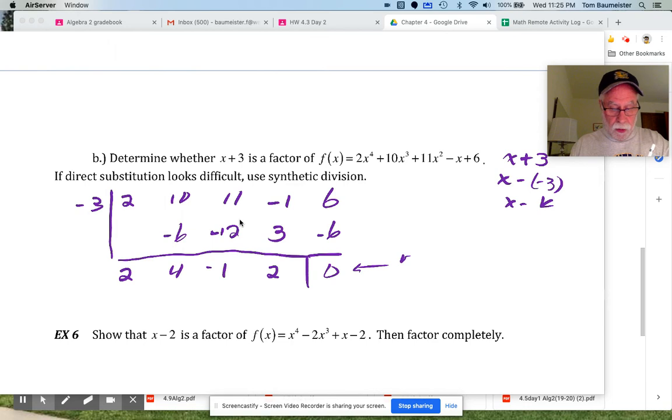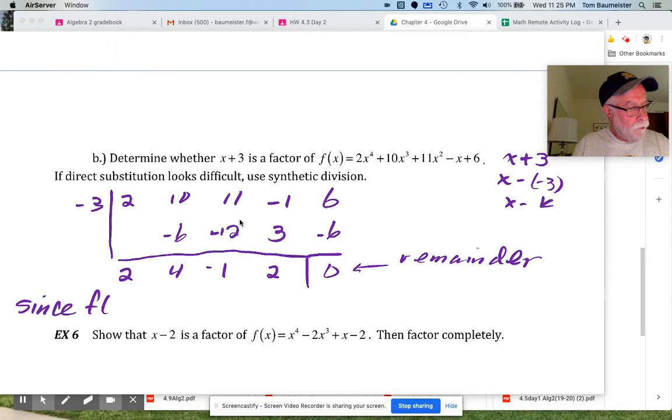Remember, I just told you the last one is the remainder. So since f of negative 3 is equal to 0, x plus 3 is a factor.